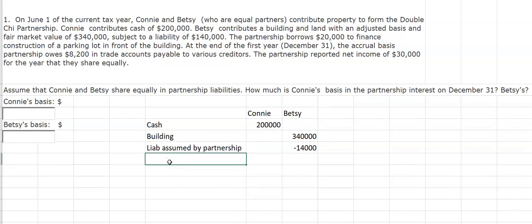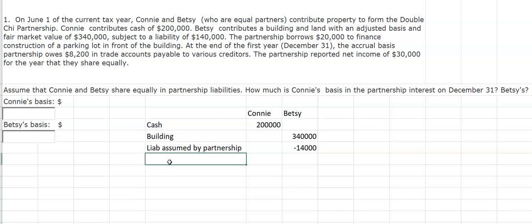All right, so next we need to take care of that liability that got assumed. For any liability that is held by the partnership, the people that are ultimately responsible for that are the partners. These happen to be equal partners. Anytime they're responsible for a partnership's liability, their basis goes up.